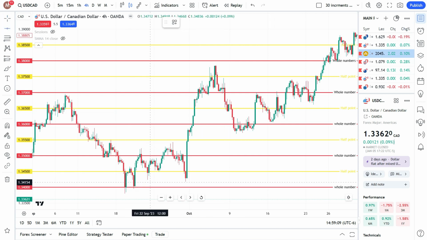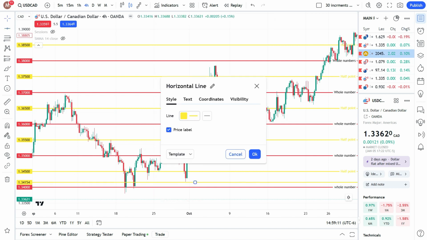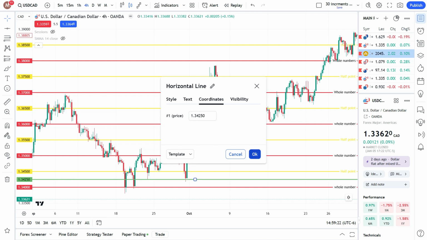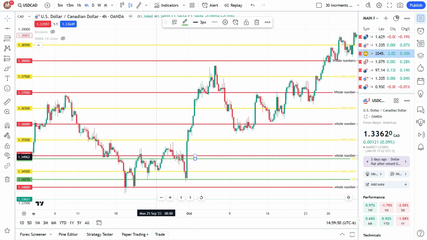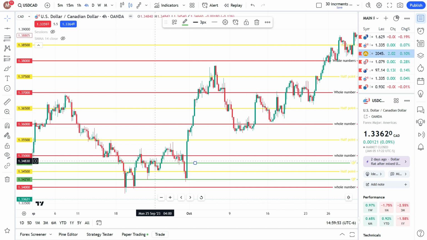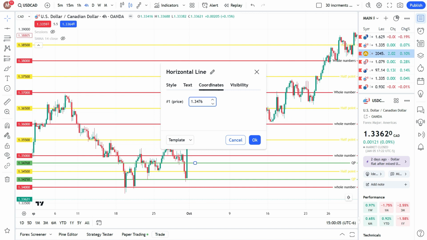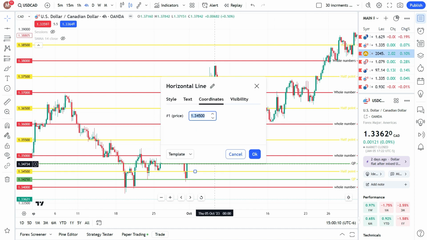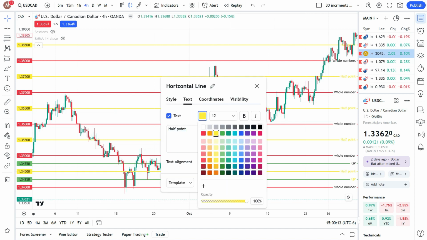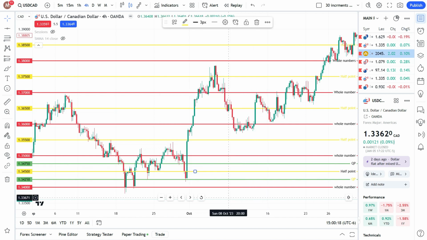From 1.34500, we have 250, and then 134.250, and then you have 134.750. Okay. So now you have your whole numbers and your quarter points and your half points, and then it goes back to another quarter point, and then a whole number, and so forth.